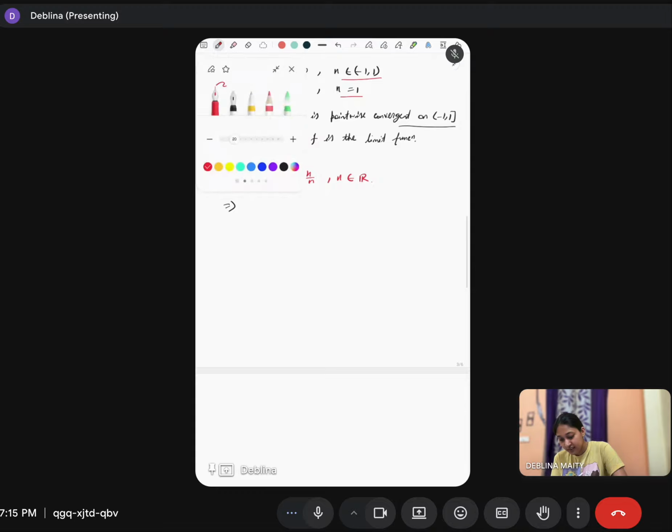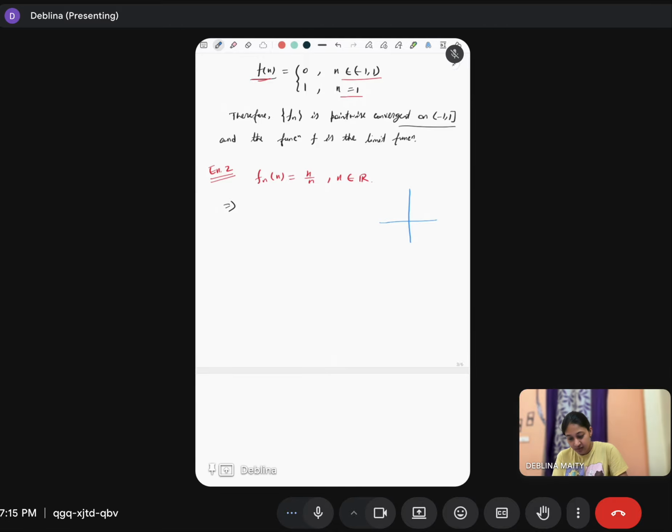Now in example 2, the first function is our x, right?